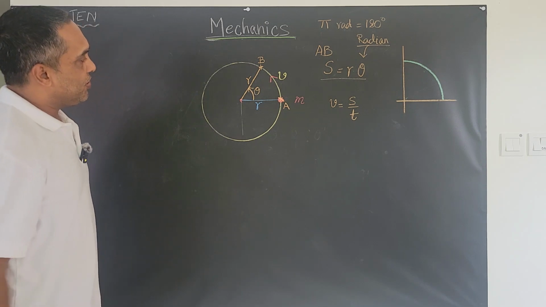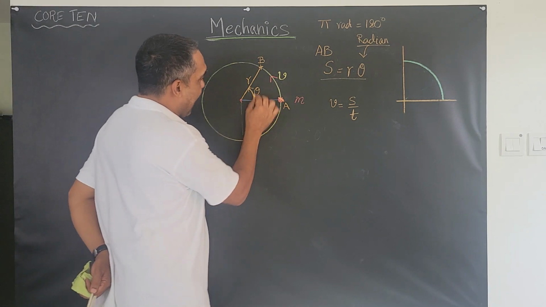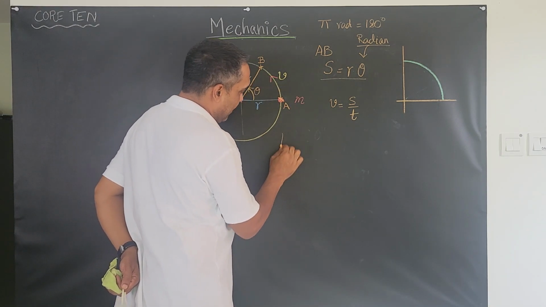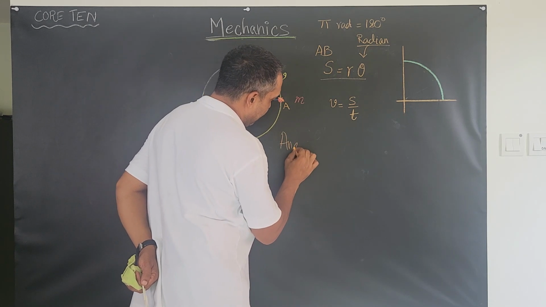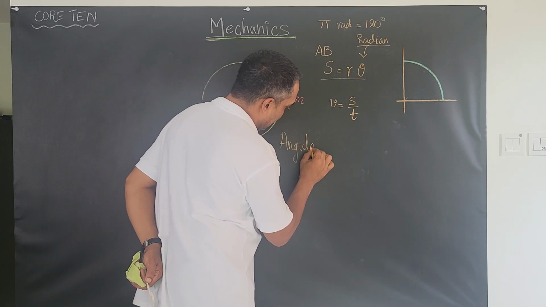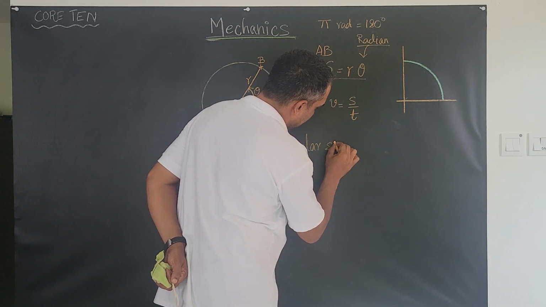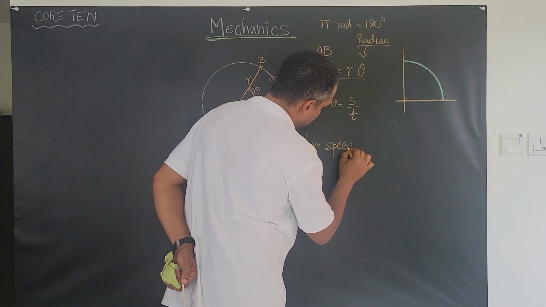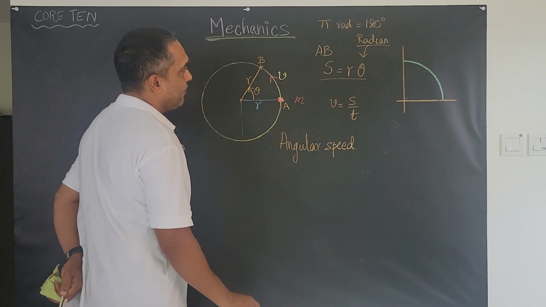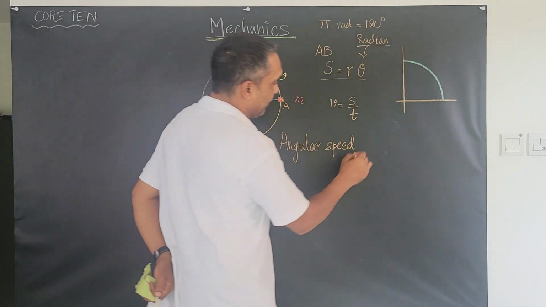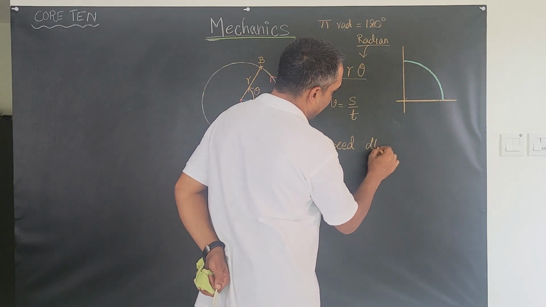To achieve that, the angular speed, as they call it, would effectively be the first differential of theta.